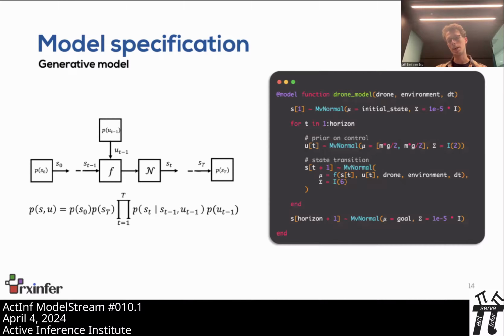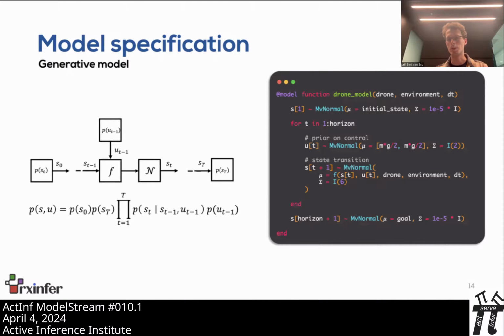Then following that is our state transition. So how do we think our state evolves over time? And this is where the dynamics of the simplified drone that we talked about on the previous slide actually come into play. So the mean of the next state will be given by this function f over the previous state and the corresponding actions, and the drone, the environment, and the discretization over time.